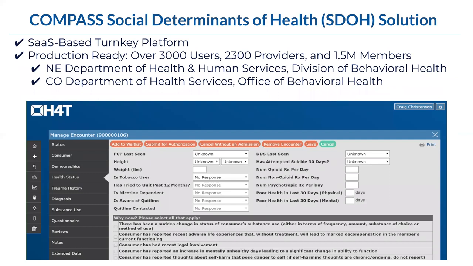So like I said, we have a Compass SDOH solution. It's SaaS-based. We're a data management infrastructure. We have over 3,000 users and 2,300 providers and 1.5 million members and growing. This was originally developed as a part of the Nebraska Division of Behavioral Health need to manage encounter activity for the state-funded behavioral health population.